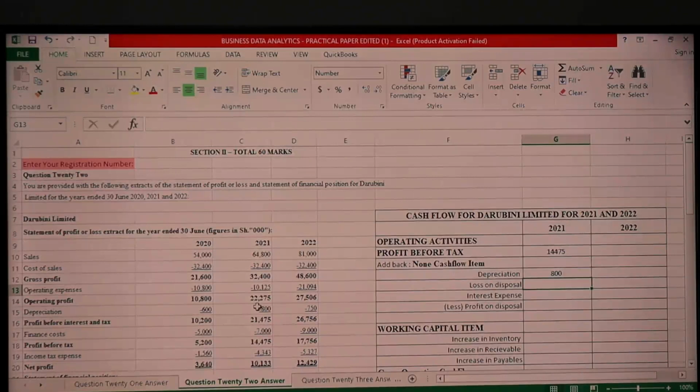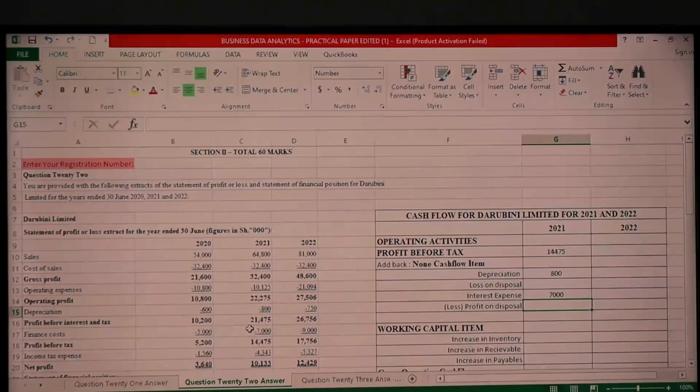You start with an equal sign, then you select that financing cost, and financing cost is in cell C16, but the value is negative. You just put minus and take that cell, then press enter key. It will give you the interest expense.